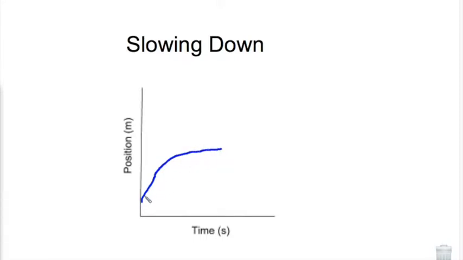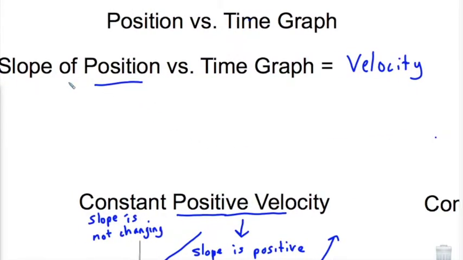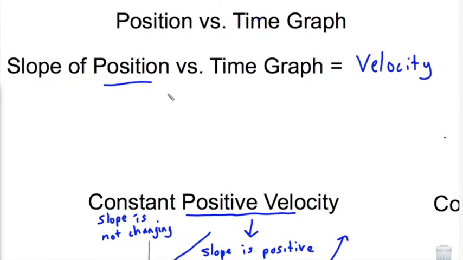The steep part in the beginning means that it's got a higher speed, and later on when it's flat, that means it's slowed down. If it was completely flat, then it would be going 0 meters per second, which is the slowest you can go. You're not going anywhere. So that's position versus time graphs. Remember, the slope of a position versus time graph is velocity.